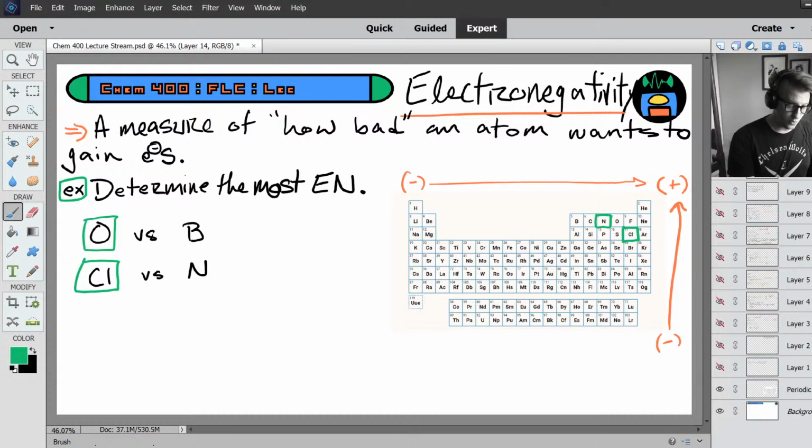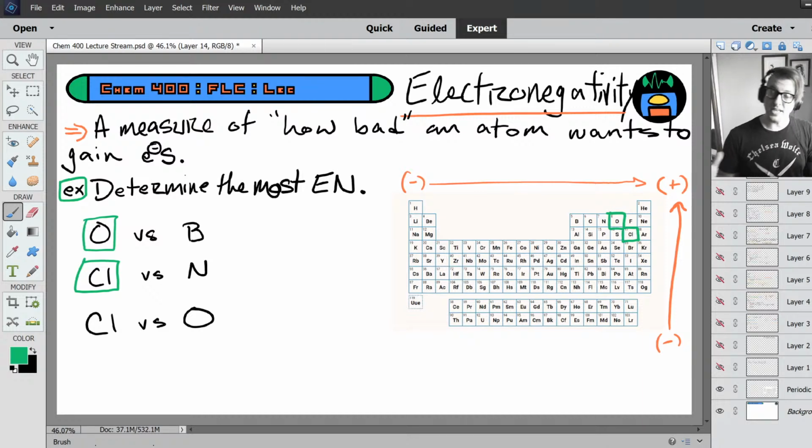All right? The real question comes in, what do you do in a situation like chlorine versus oxygen? All right? This is the real puzzle because oxygen is one space higher, chlorine is one space to the right. Which one wins in that situation? It's not a pure tie.